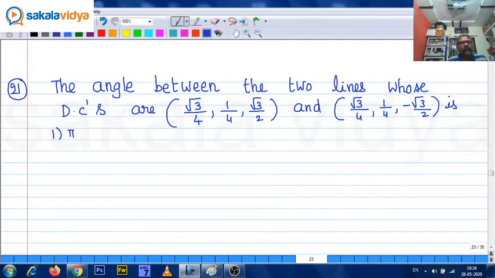First option pi, second option pi by 2, third option pi by 3, fourth option pi by 4.